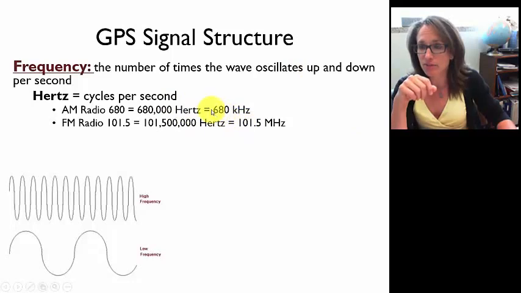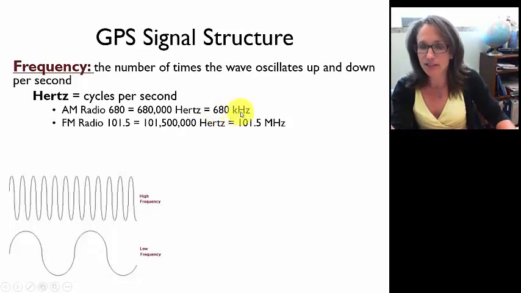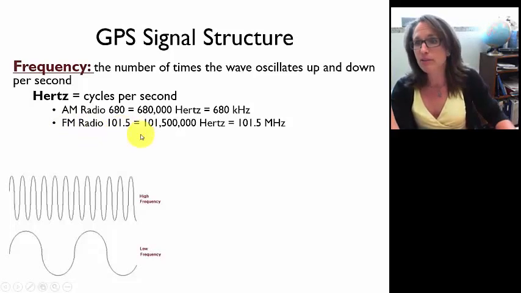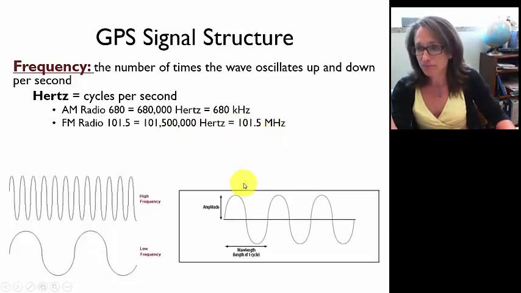It could also be expressed in kilohertz. A kilohertz is 1,000 hertz, so 680 kilohertz. If you tune into FM radio 101.5, that radio wave is coming at you at 101,500,000 hertz. So that's 101.5 megahertz, or million hertz.